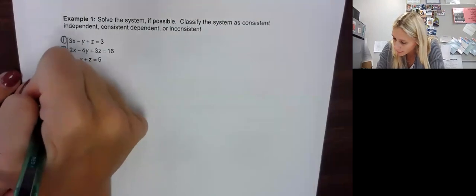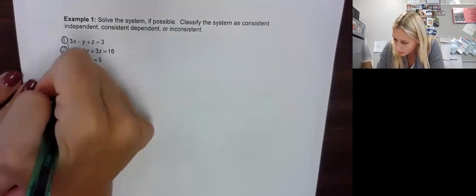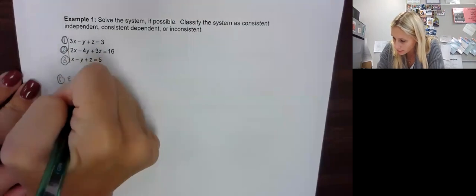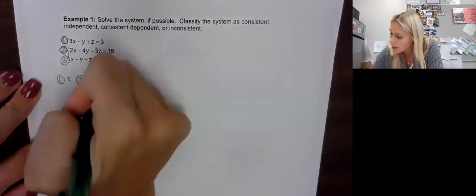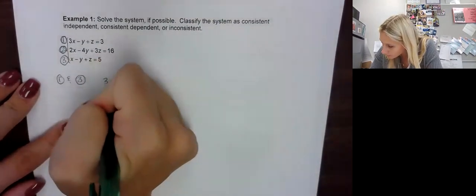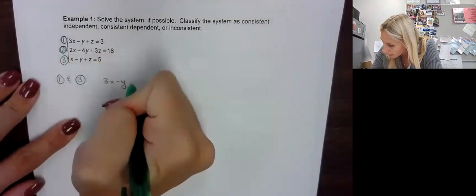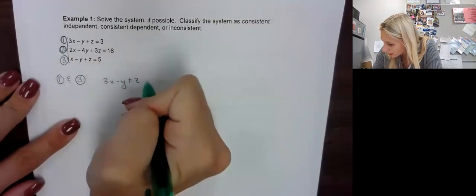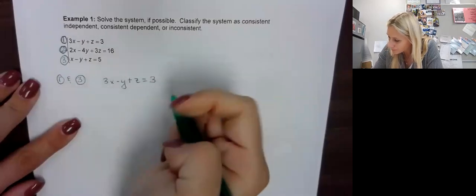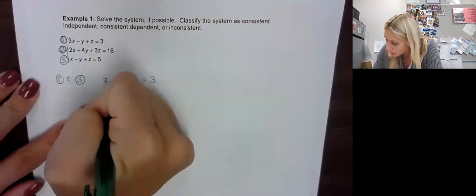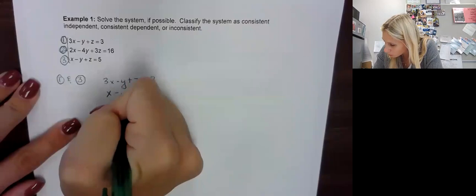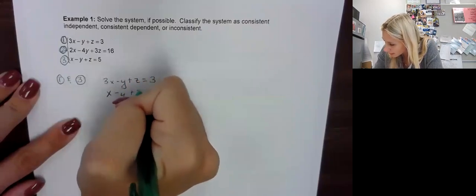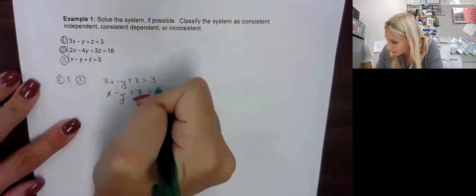I'm going to put them right next to each other to see what I can eliminate. So I get 3x minus y plus z equals 3, and using equation 3, x minus y plus z equals 5.